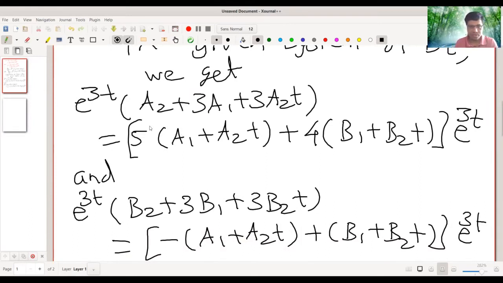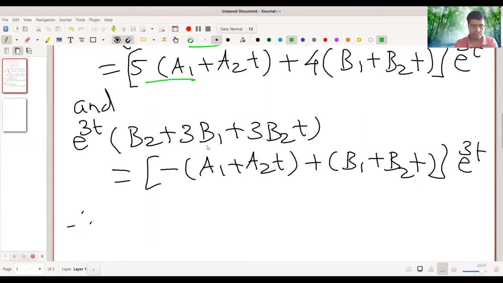So the constant terms are a2 plus 3a1 minus 5a1 minus 4b1. These terms can be combined.